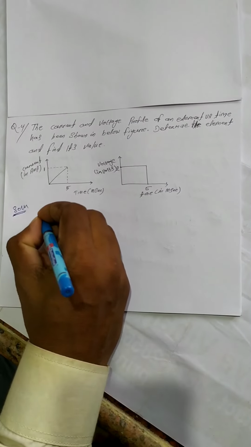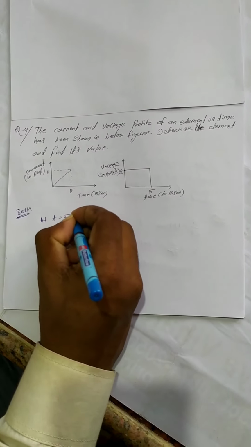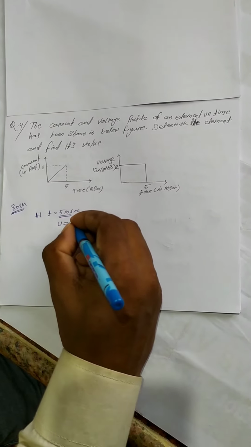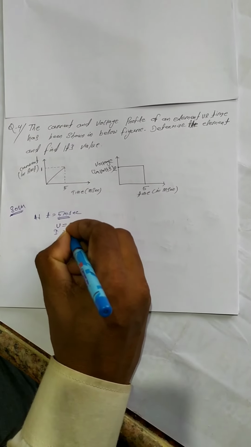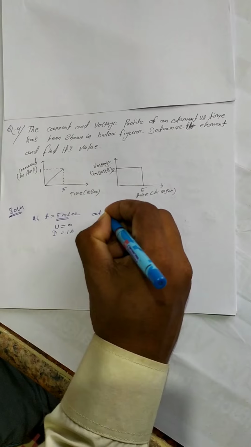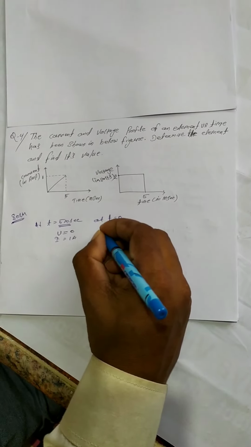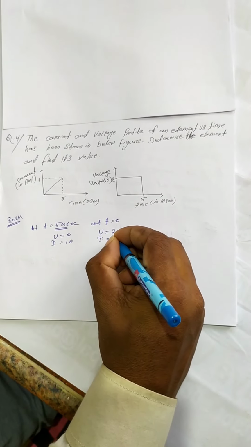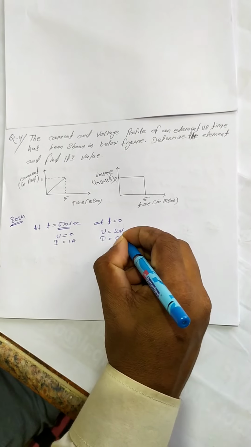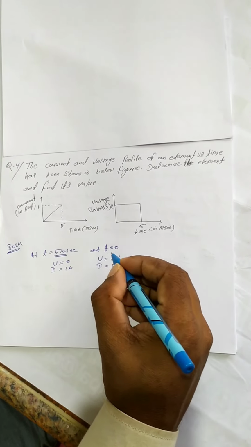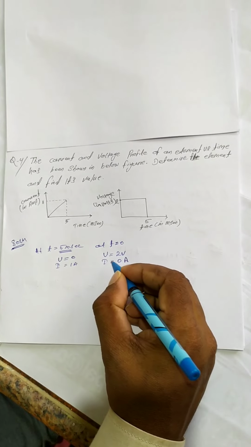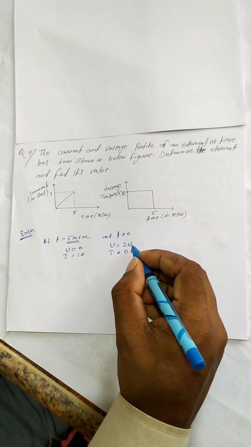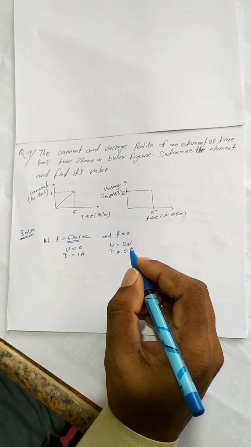That means at t equal to 5 millisecond, voltage across element 0, current I 1 ampere. At time equal to 0, voltage equal to 2 volt, current I equal to 0 ampere. That means at 0 time voltage appears, current is 0. That means it is open circuited. At 0 time it is open circuited.